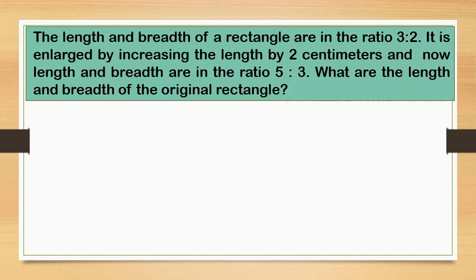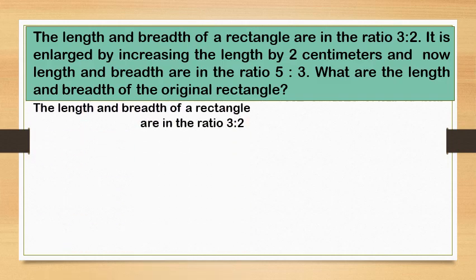The question is, the length and breadth of a rectangle are in the ratio 3:2. It is enlarged by increasing the length by 2 centimeters, and now length and breadth are in the ratio 5:3. What are the length and breadth of the original rectangle? In this question also ratios have been given.